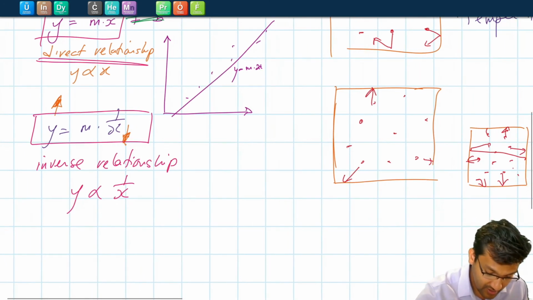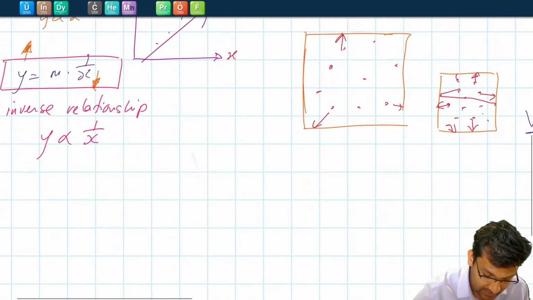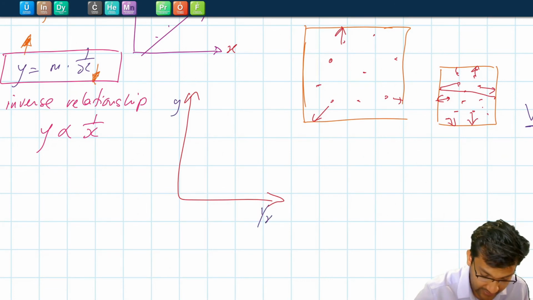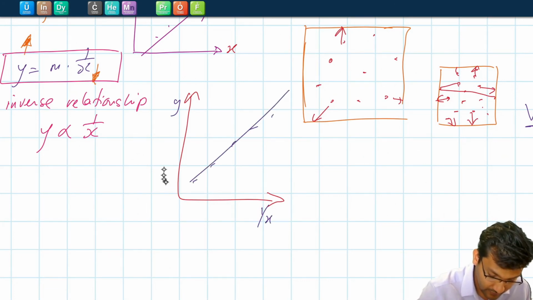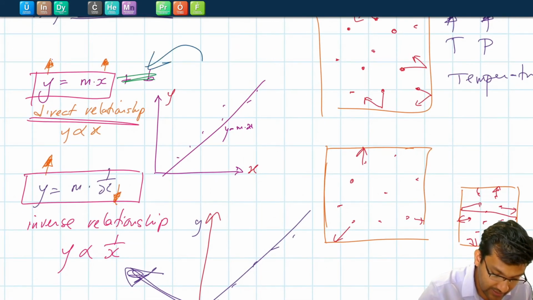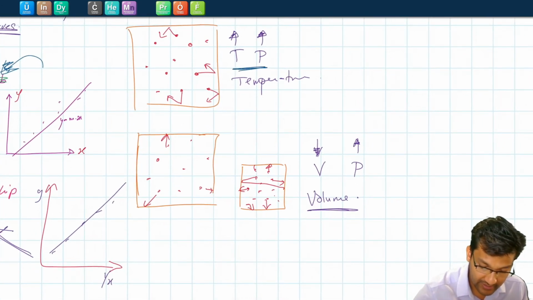So in the first case, this is a curve of y against x. In the second case, if you plot a curve of y against 1 over x, you will see a straight line for an inverse relationship. So those are the two types of relationship we'll be exploring in this class as we explore how temperature and pressure are related and volume and pressure are related.